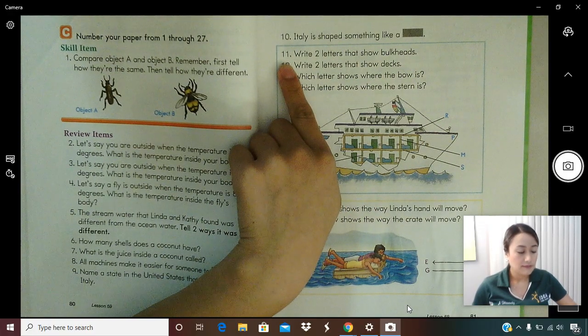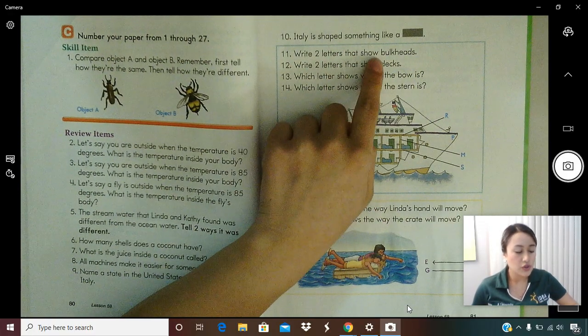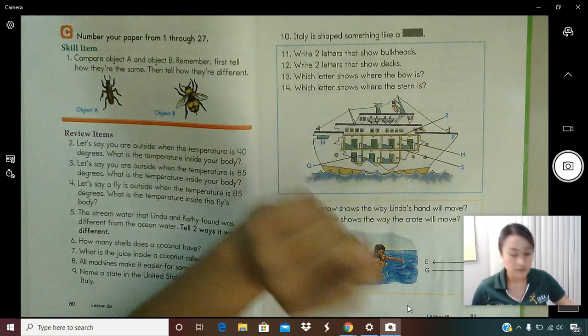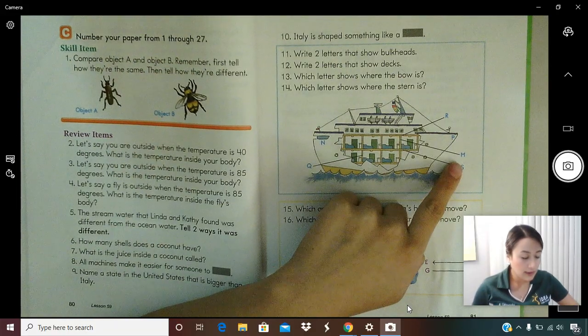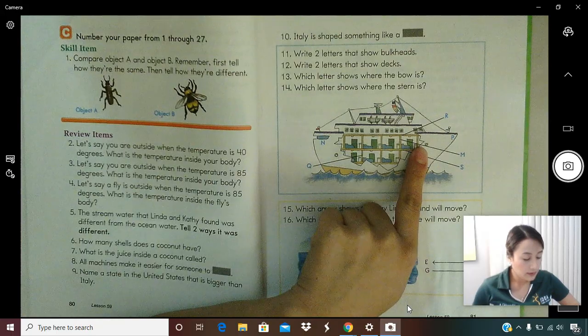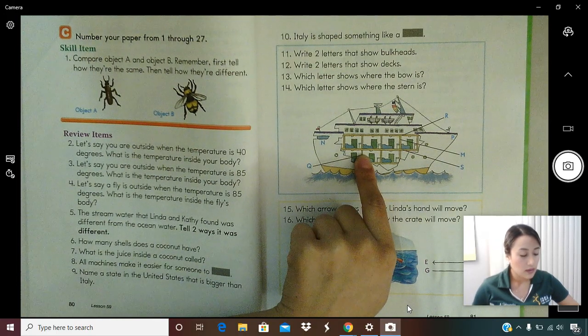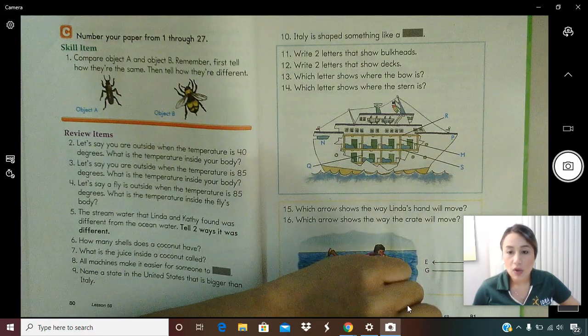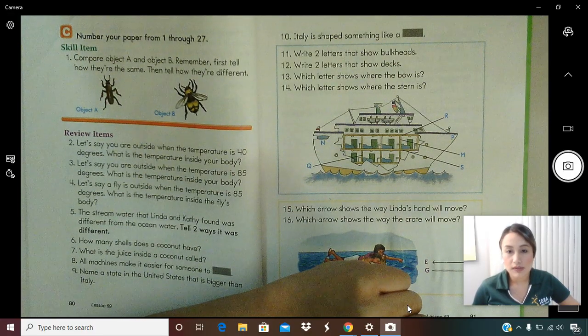Number 11. Write 2 letters that show bulkheads. Your answer is M and Q for number 11. If you look at them on the ship right here, M and Q, they are the walls of the ship. Remember, bulkheads are the ship's walls.